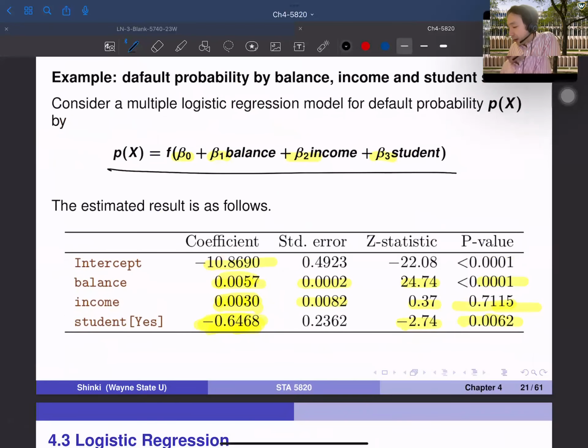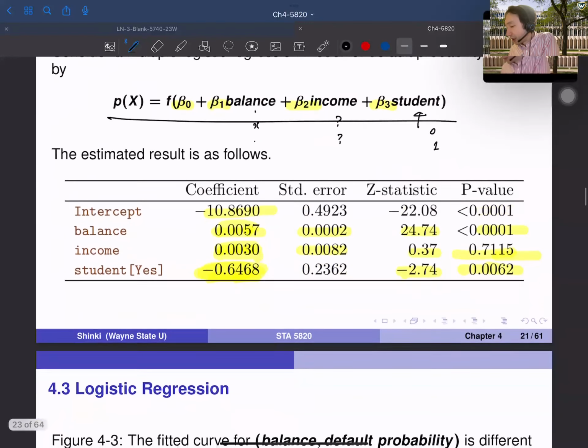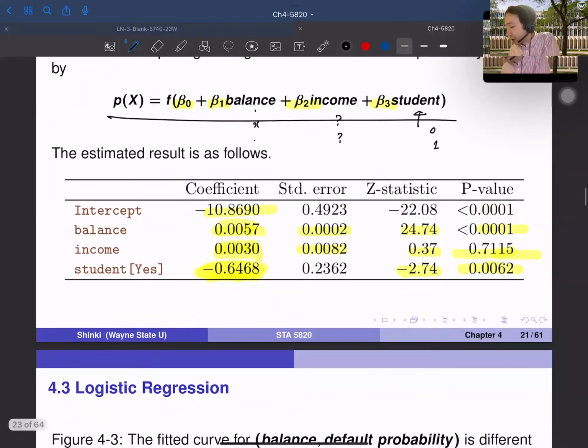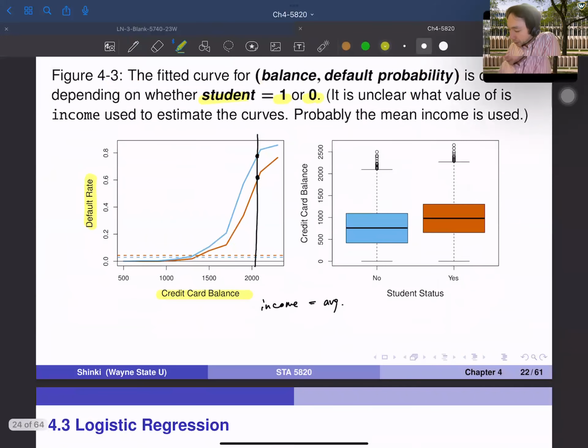We make two graphs, one where the student status is 0, the other where it is 1. The balance is the variable, so that's fine. But how about income? Maybe they imputed the average value of the entire population. But students have different income levels, so it's not exactly clear what they did in this graph.